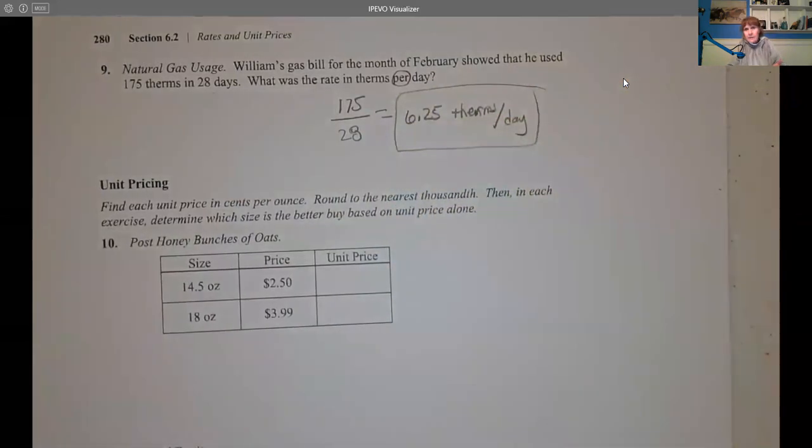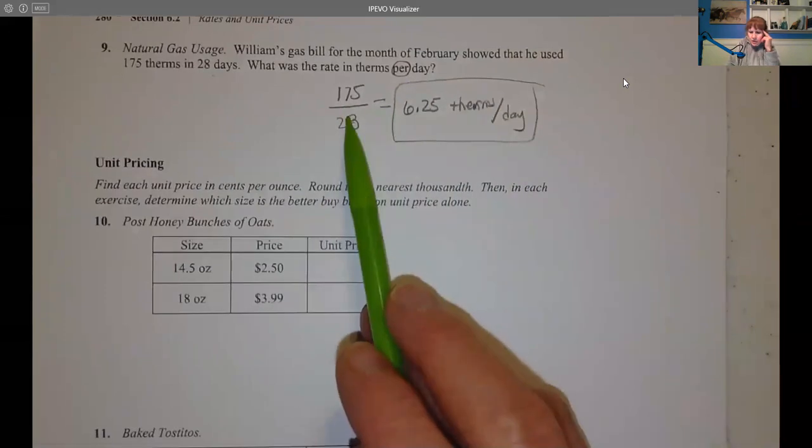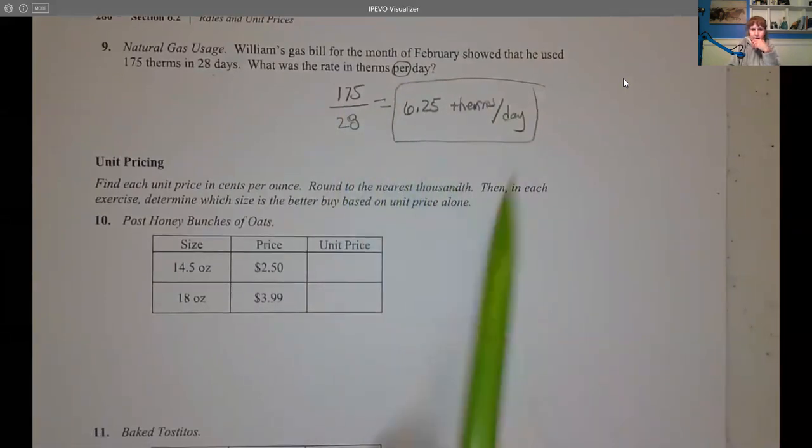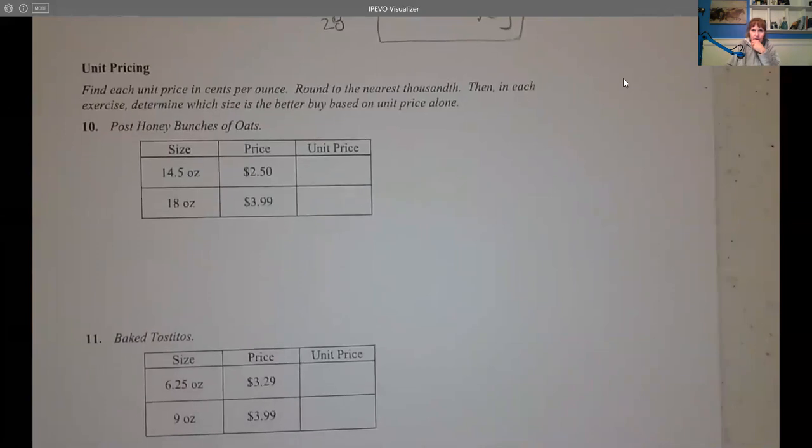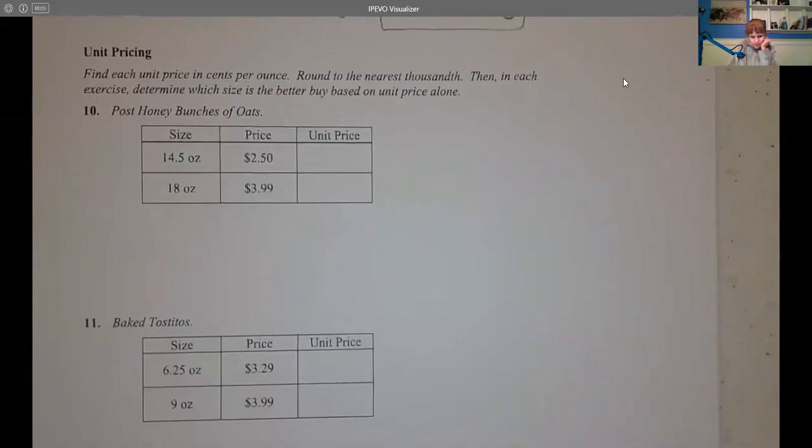And there's your rate, which is a ratio, and we're making it into a decimal. Okay, perfect. So this is not so hard. This section shouldn't give you guys too much trouble, but we'll see. Let's look at the next one.